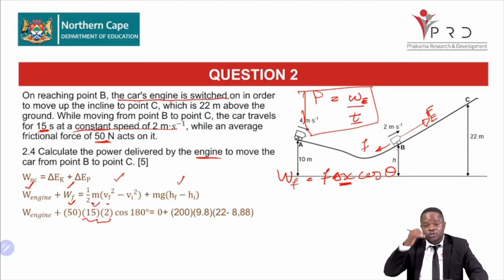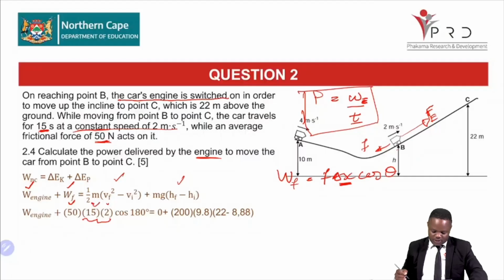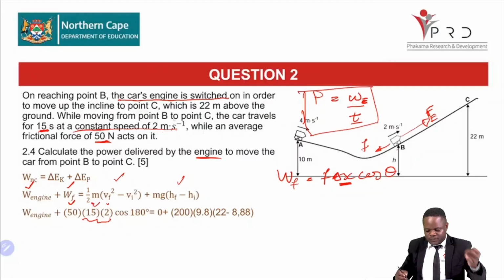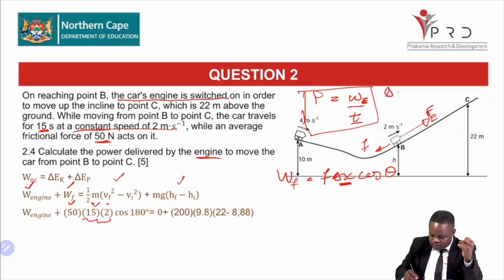You get the information from the question. Look at the question there. The car travels for 15 seconds at a constant speed of 2 meters per second. So you have time, right? So your delta x is going to be what? Speed multiplied by time. The speed is 2 meters per second.